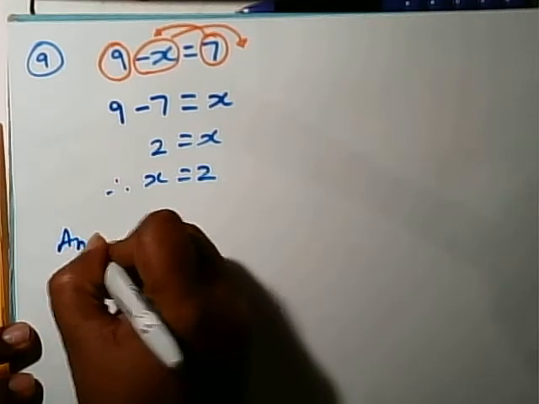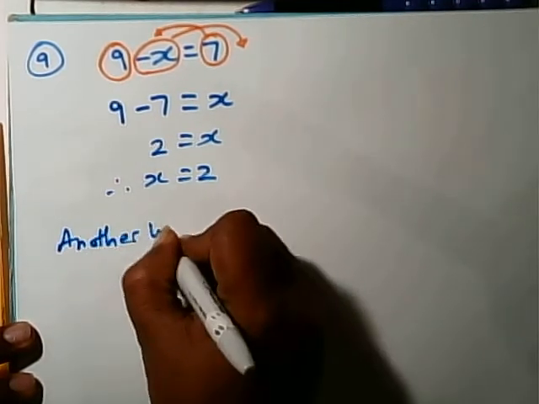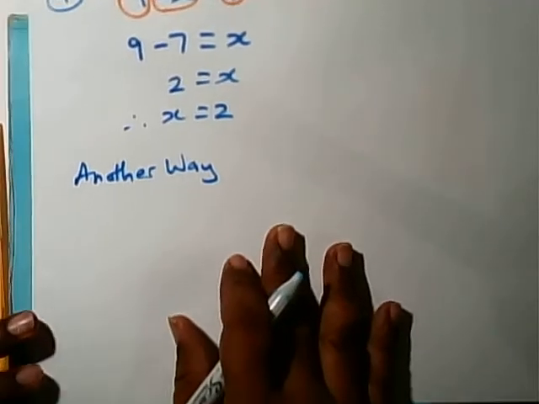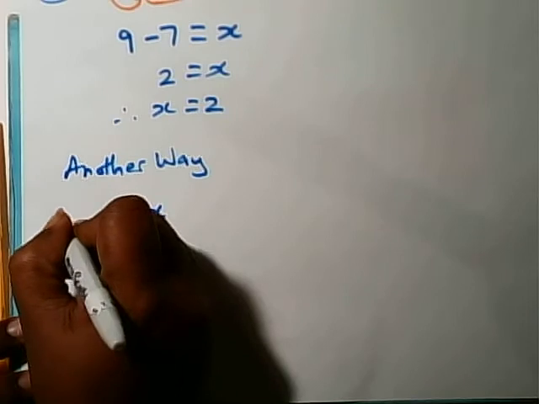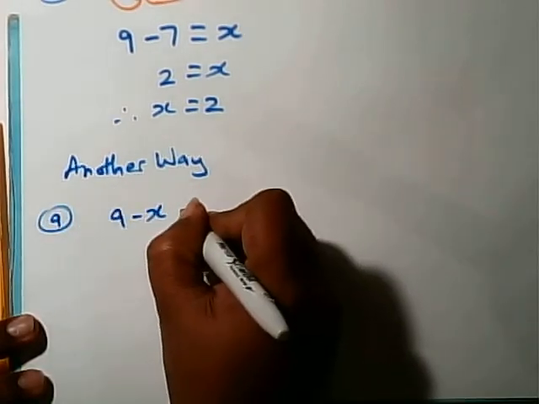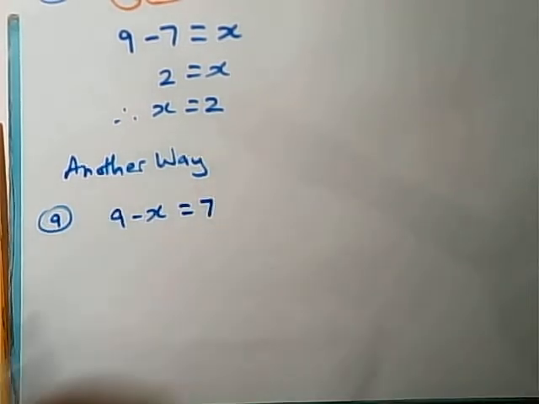Another way to do question 9. 9 minus x, this is question 9 again, is equal to 7.